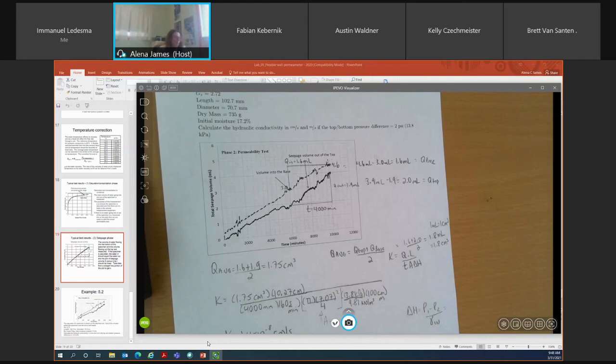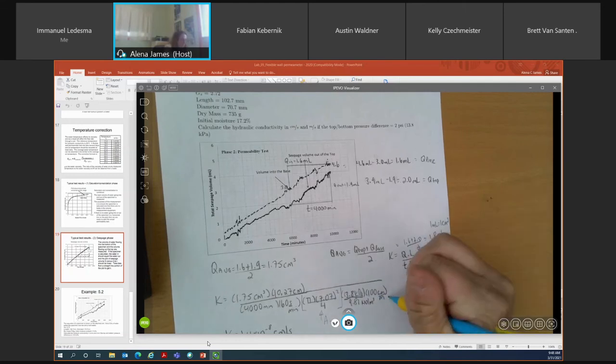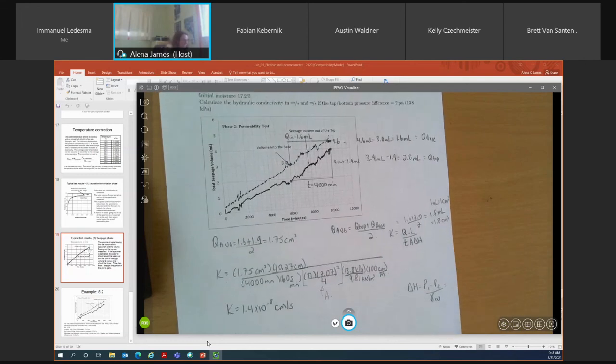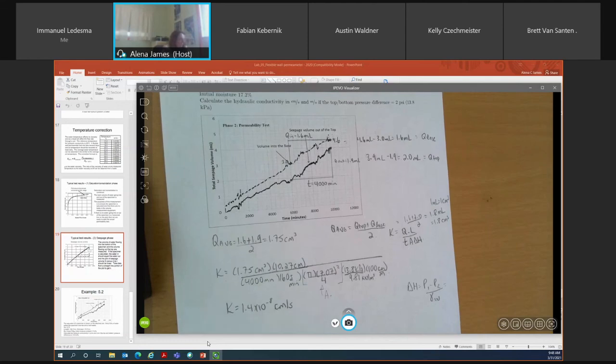And then I'm going to convert that value to centimeters because there are 100 centimeters per meter and all the other units in my problem were in centimeters. So after I've done all those conversions, I can calculate my K value to be 1.4 times 10 to the minus 8 centimeters per second.